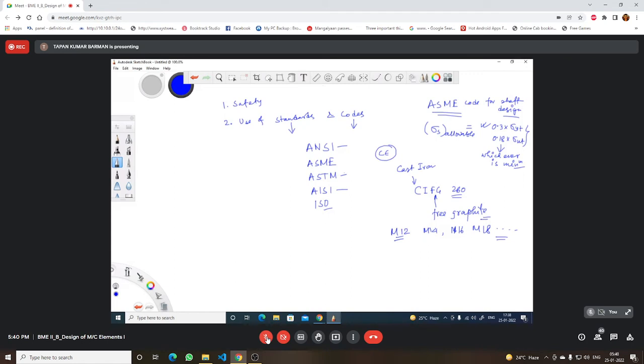So in many products we have already used different standards, keeping in mind that this will help in our design process, that this will reduce the final cost of the product, and that it may help to introduce interchangeability of the products. So all these things can be achieved if we go for standardization.